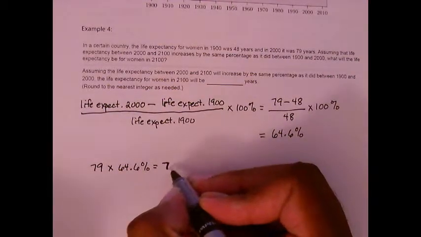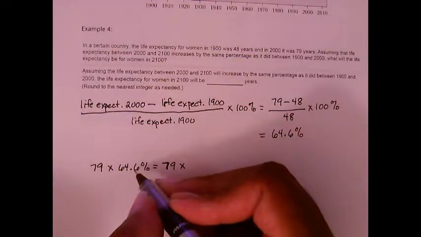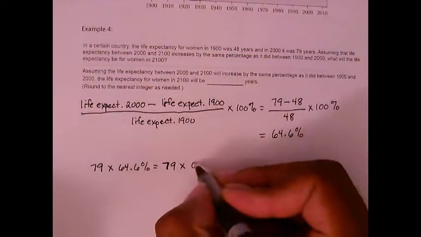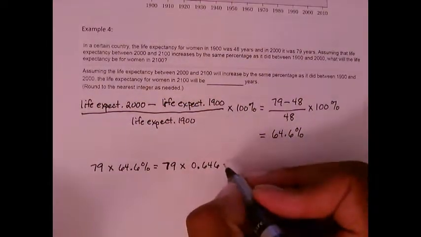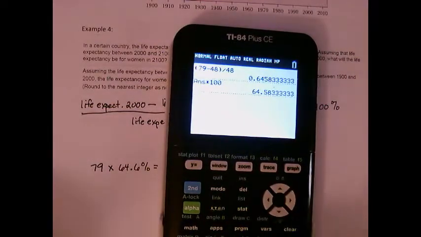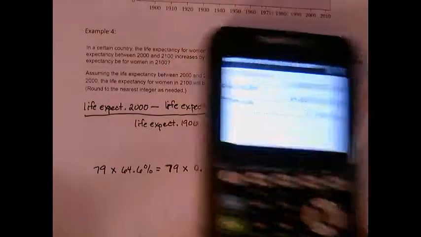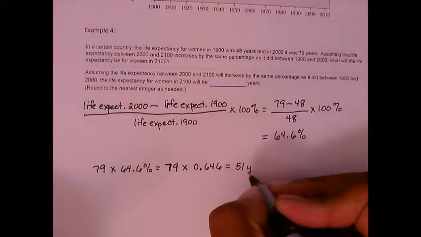Of course, to change a percent to a decimal, we drop the percent sign and divide by 100. This would give you 0.646. So 79 times 0.646 will give you 51.034. Now I'm going to round that off to the nearest whole number, approximately 51 years.